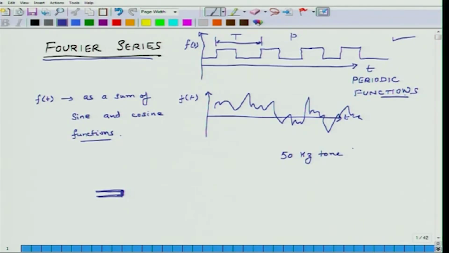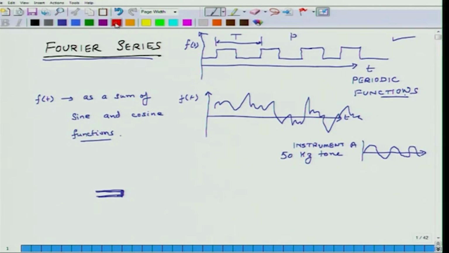So this is just one example I'm talking about. So this is some instrument A, and it is generating a 50 hertz tone, and let's say it's a nice sinusoidal tone.